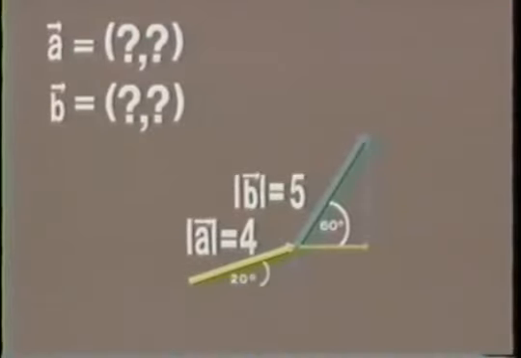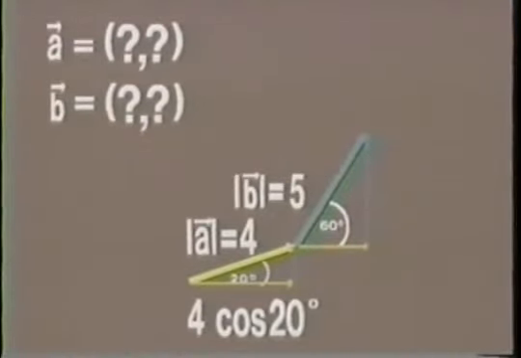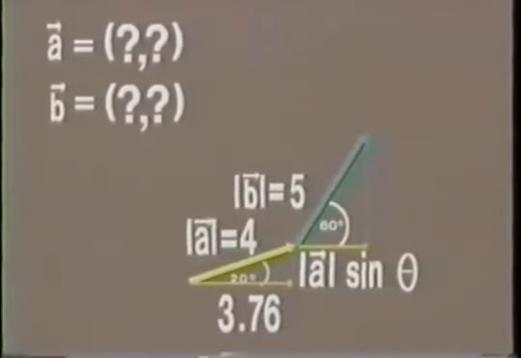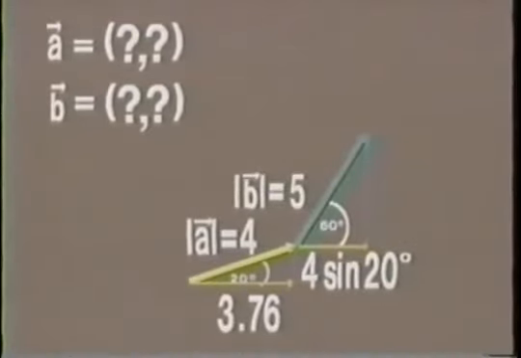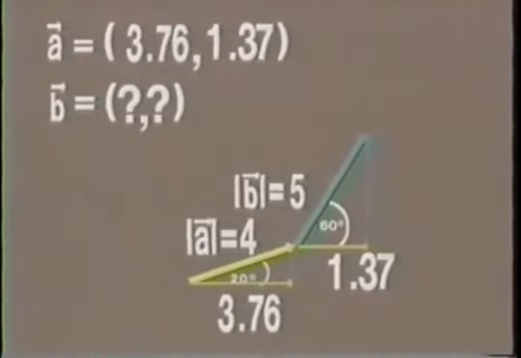Starting with vector A, its horizontal component is the magnitude of A, cos theta, or 4 cos 20 degrees. With a calculator, we find that this equals 3.76 units. Vector A's vertical component is 4 times the sine of 20 degrees. This works out to 1.37 units. So we have the ordered pair for vector A, 3.76, 1.37.